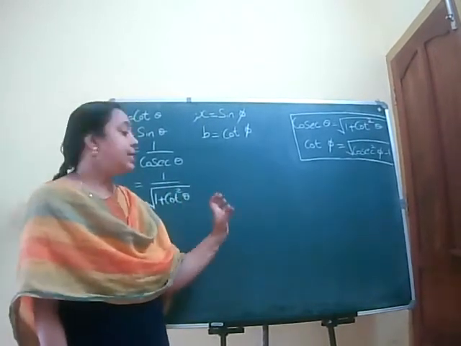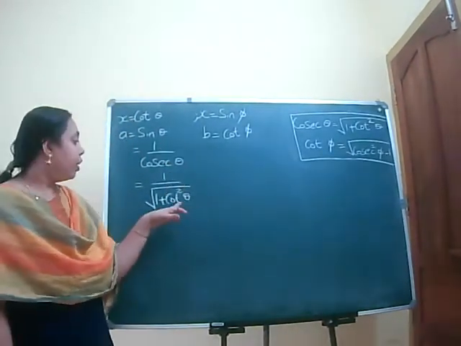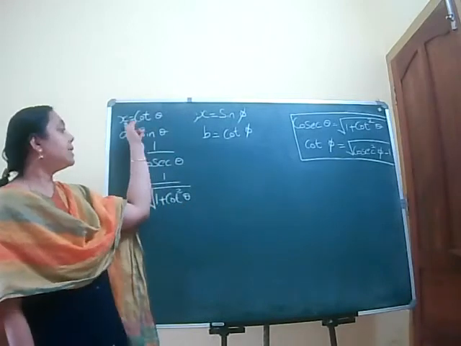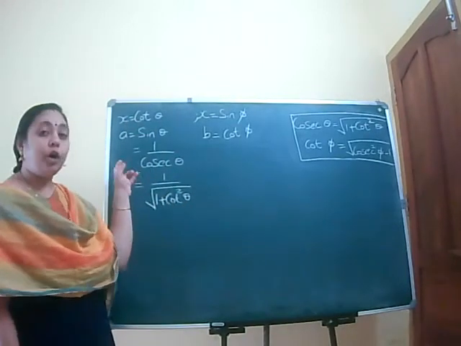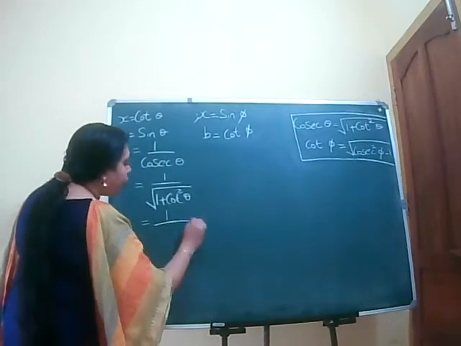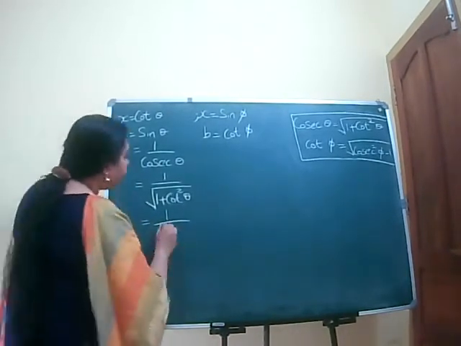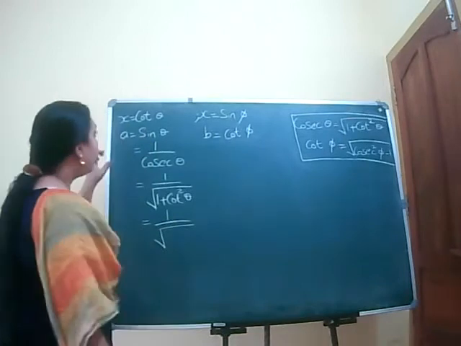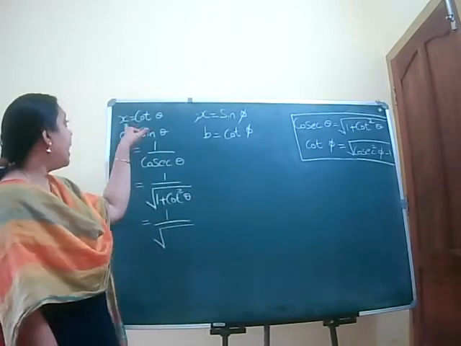We have taken substitution for cot theta as x. So A becomes 1 by square root of 1 plus x square.